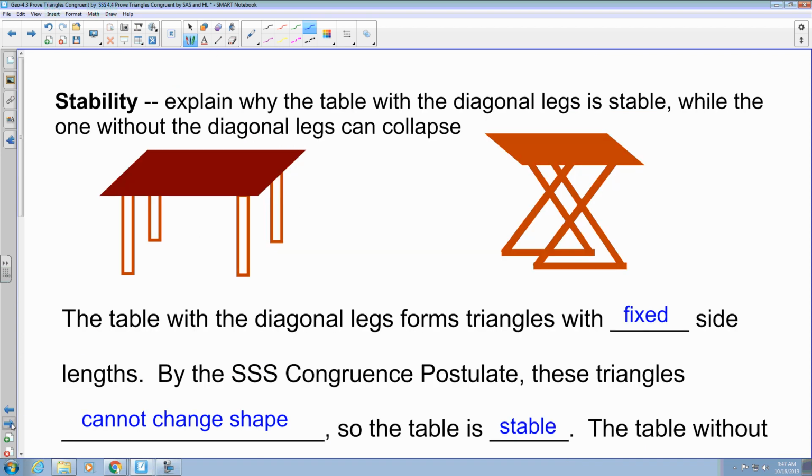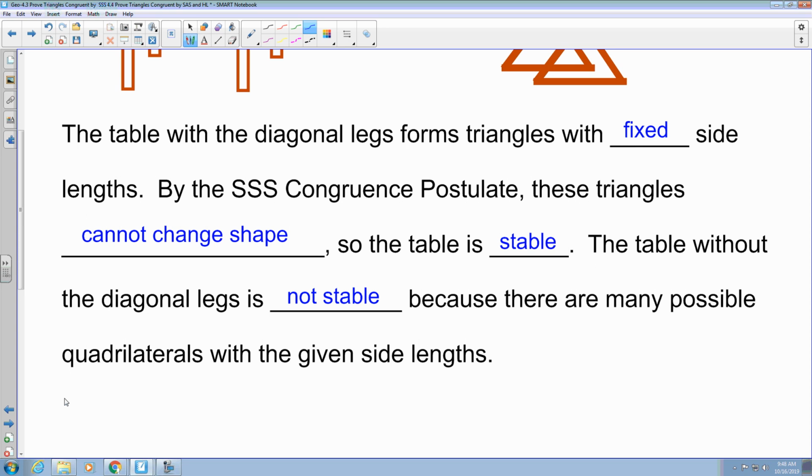Final thing in this section we're going to look at is stability. They want us to explain why the table with diagonal legs is stable while the one without diagonal legs can collapse. If you read here, it says that the table with diagonal legs forms triangles with fixed side lengths. By the side congruency postulate, these triangles cannot change shape.